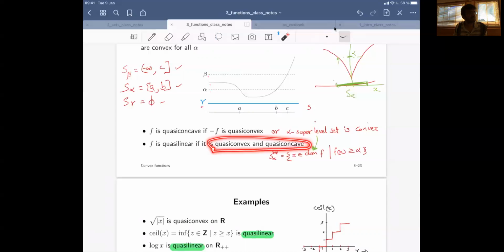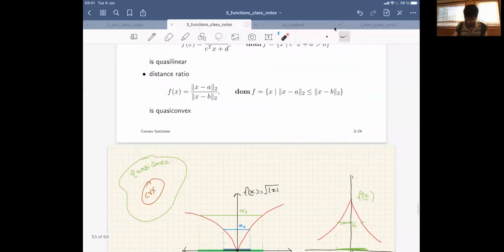Sin x? No, how can that be? Let's draw. Sin x is neither quasi-convex nor quasi-concave, right?